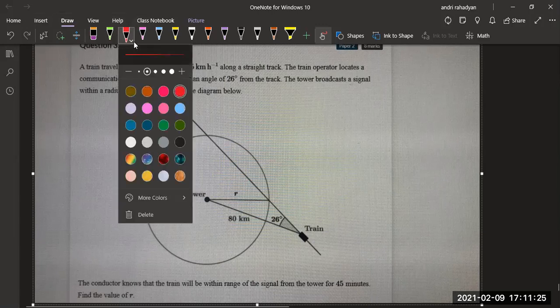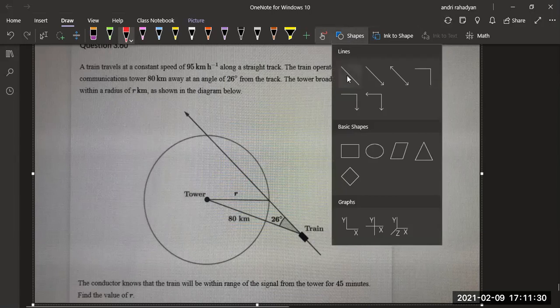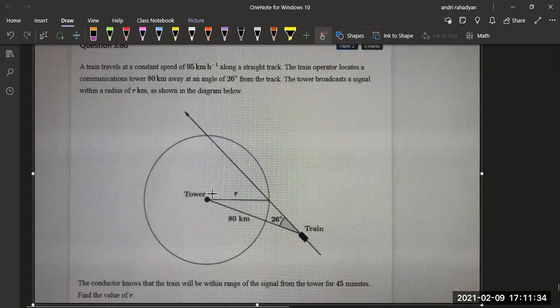Shapes. We can make a shape. Okay, make a line, this one.